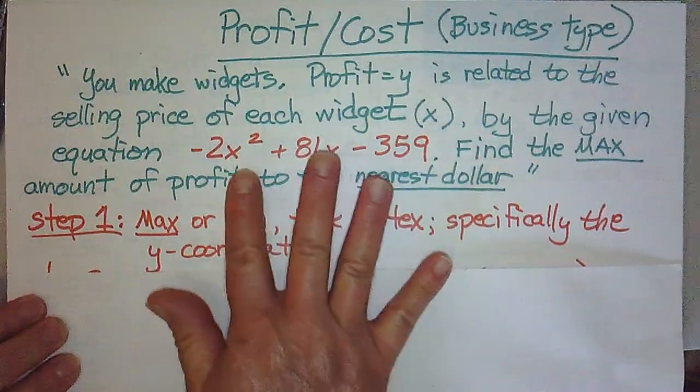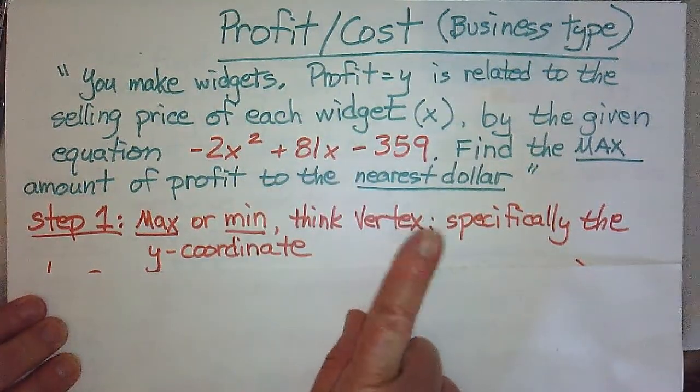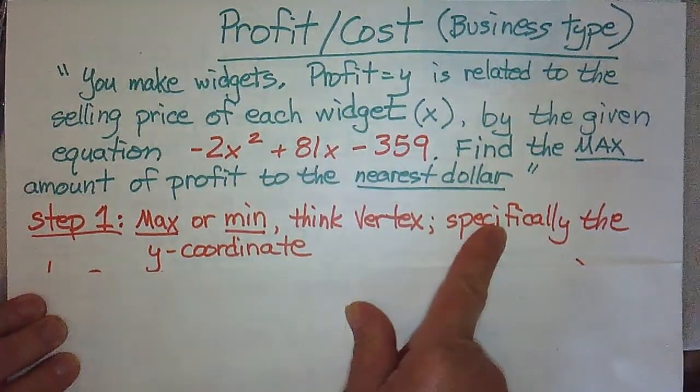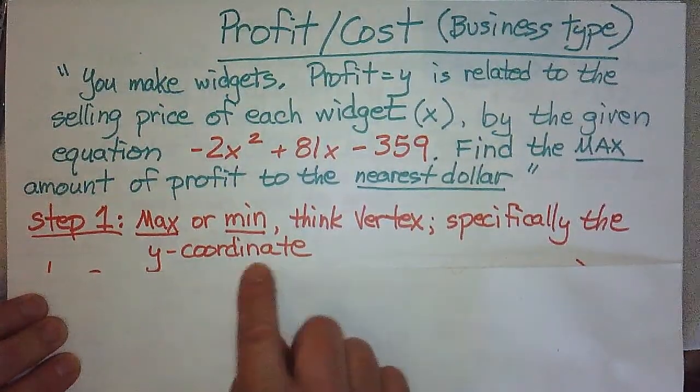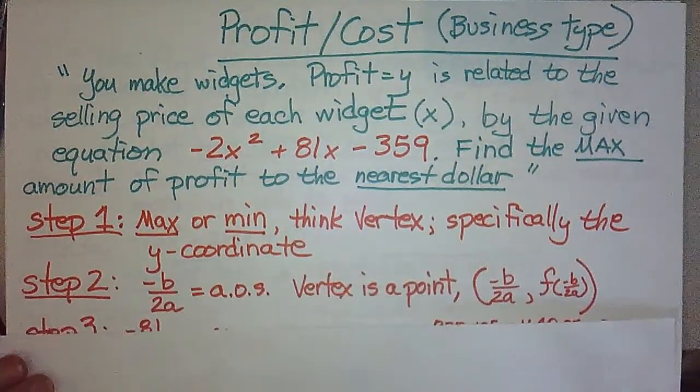So you don't have to solve this for the roots. You just have to find the vertex. And specifically, you want the y coordinate, right? Because the x is the axis of symmetry and the y is going to be the height or the depth, the max or the min.